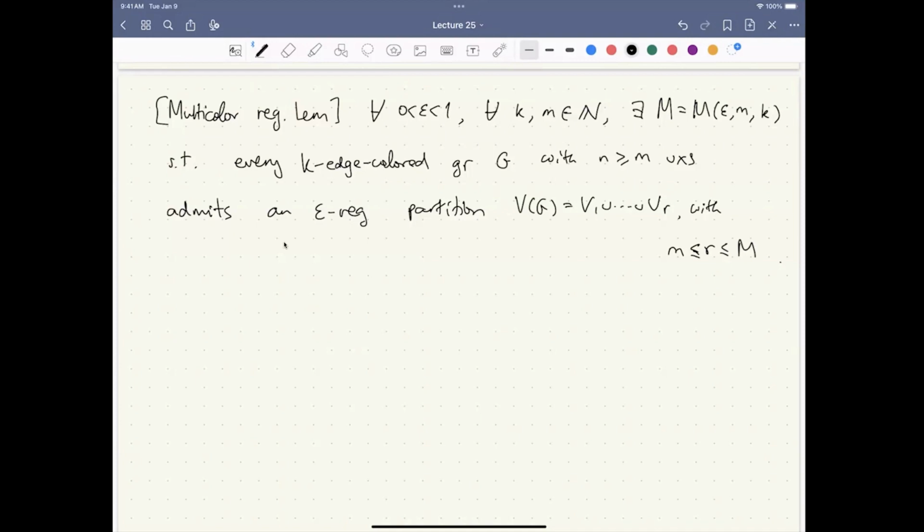Now you can define the reduced graph in the same way.